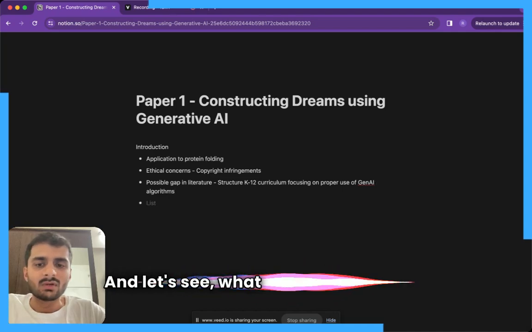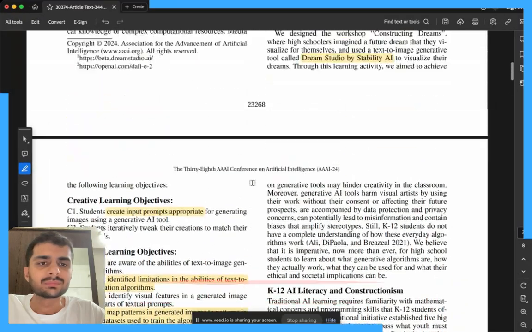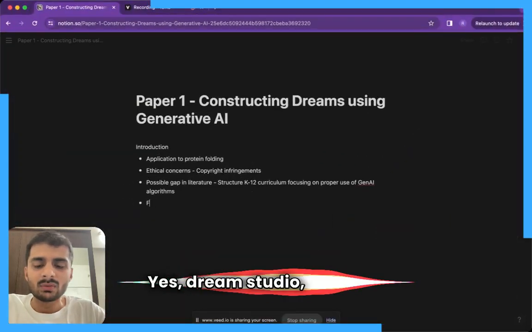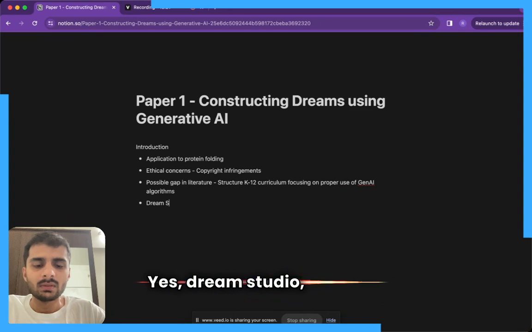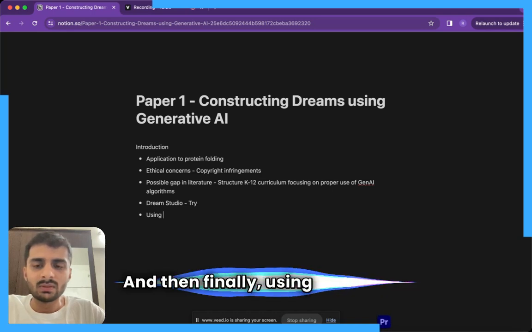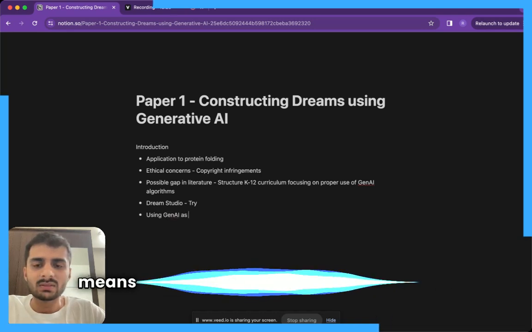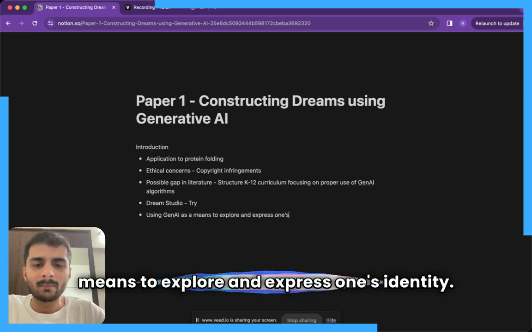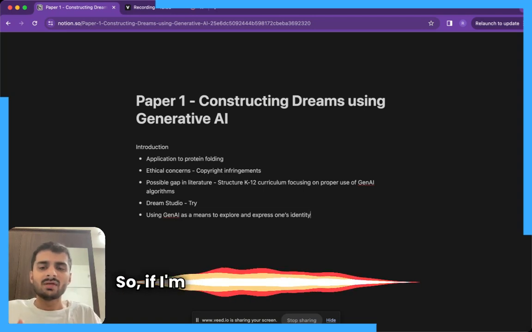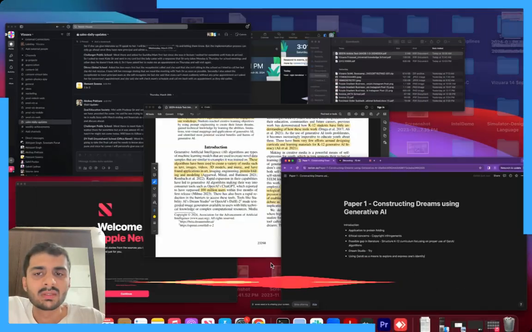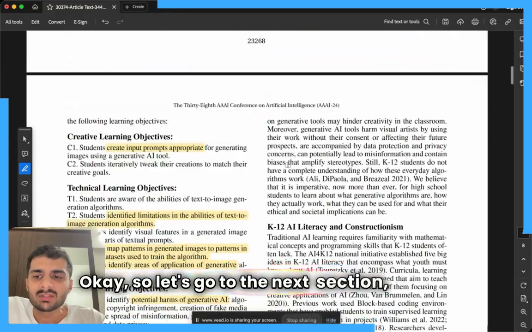And let's see, what else did we look at? Yes, Dream Studio, try it out. And then finally, using Gen AI as a means to explore and express one's identity. So, if I'm reading the introduction of this paper, I would really keep these points in mind before I move ahead. Okay, so let's go to the next section.